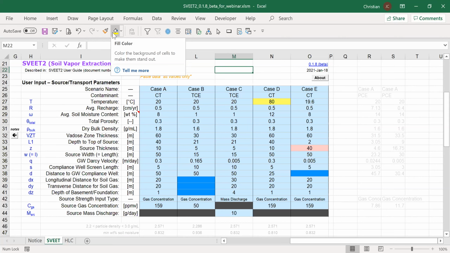Katie could answer this as well, but one of the other assumptions is that we're looking at steady state conditions. So what would happen if you left a source in place over time? What would the ultimate impact be? When you have that steady state assumption, the geology essentially doesn't have an impact.